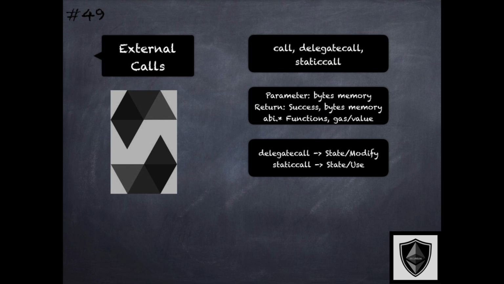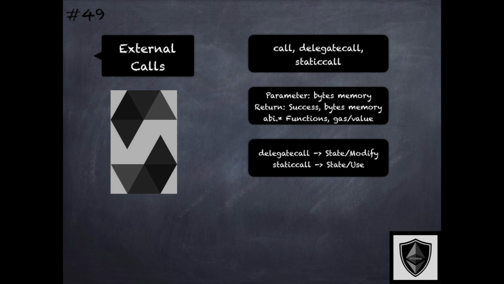And the purpose of this delegate call is really to enable use cases such as libraries or proxy upgradability that we'll talk about later, where the logic code is stored in the callee contract, but that operates on the state of the caller contract. And static call is used where we want the called function in the callee contract to look at or to read the state of the caller contract, but not modify it in any way.